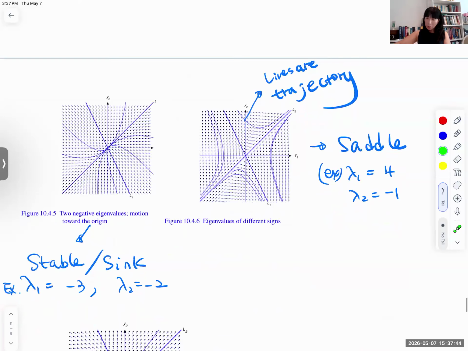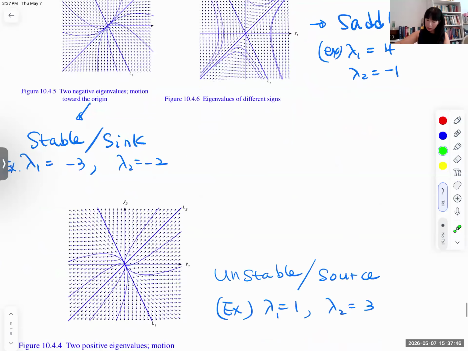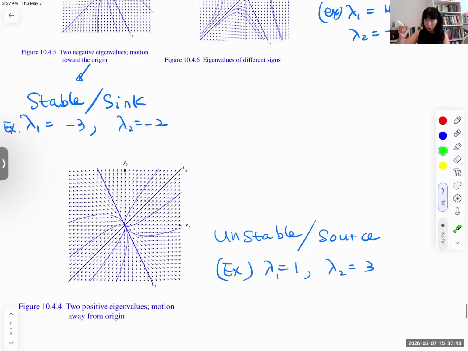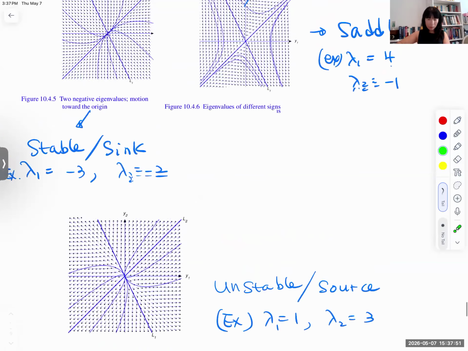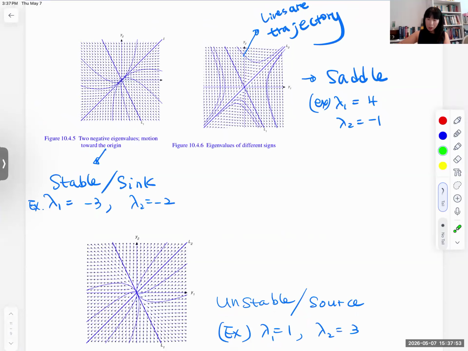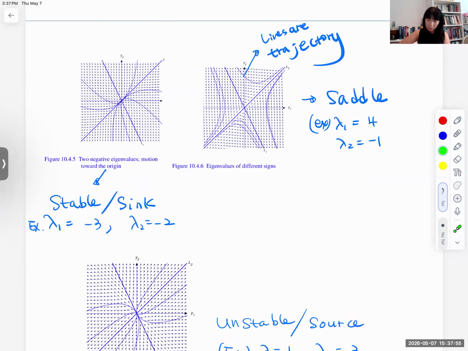All right. So we have 3 different cases of eigenvalues related to the graph here. Let's take a look at this one. The first one, 2 negative eigenvalues. That means motion toward the origin. So everything goes toward the origin.